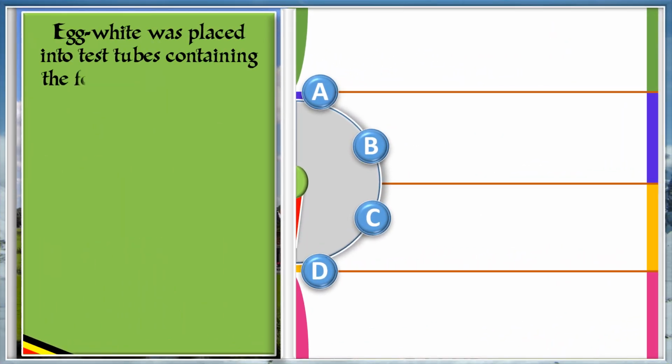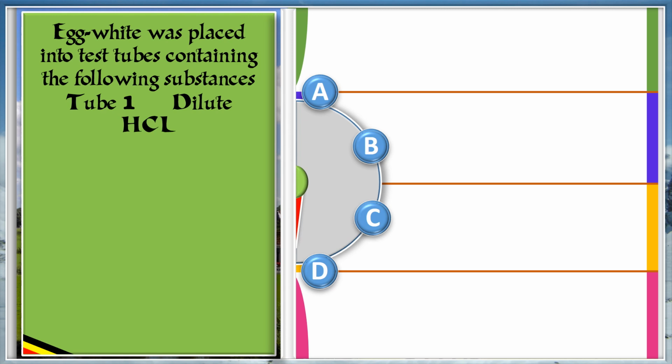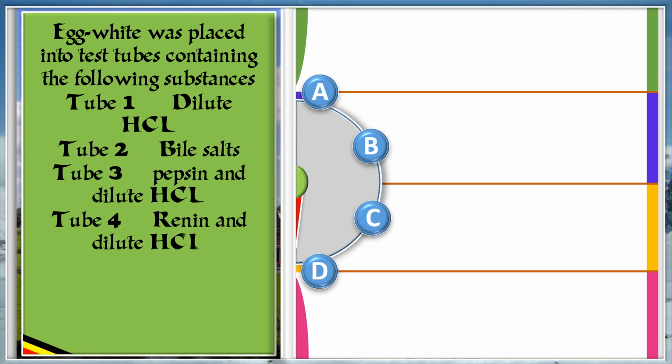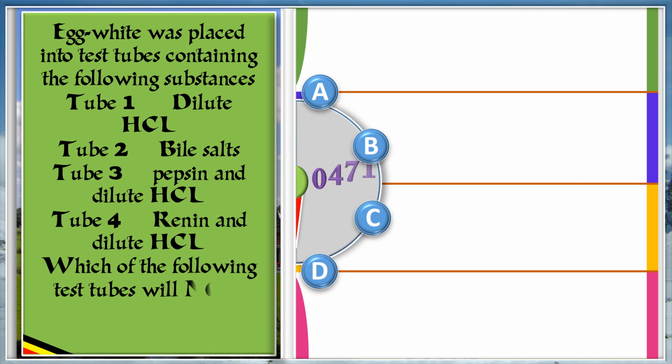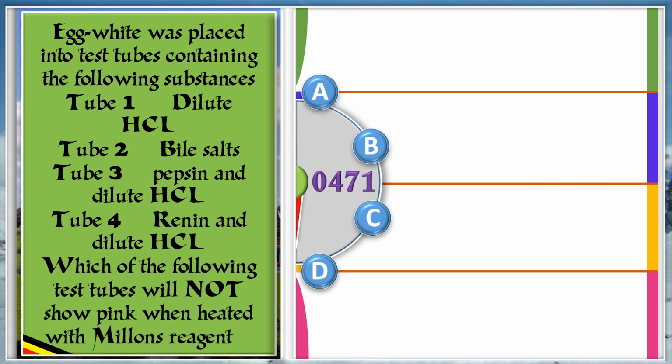Egg white was placed into test tubes containing the following substances. Test tube 1, dilute hydrochloric acid. Test tube 2, bile salt. Test tube 3, pepsin and hydrochloric acid. Test tube 4, renin and dilute hydrochloric acid.